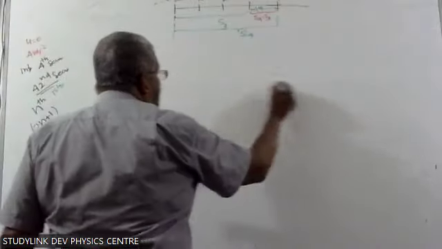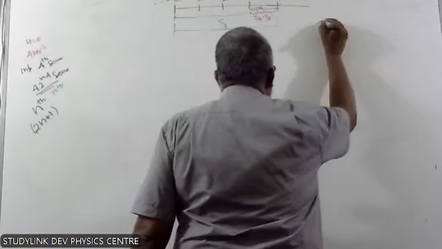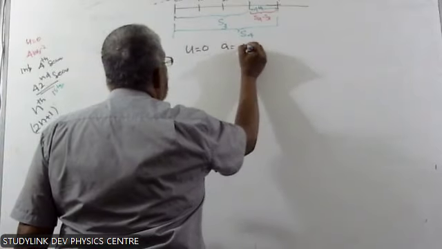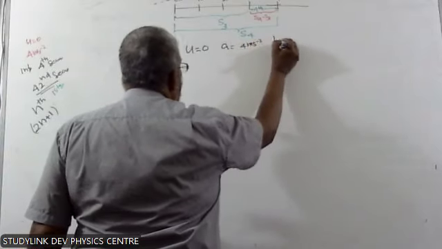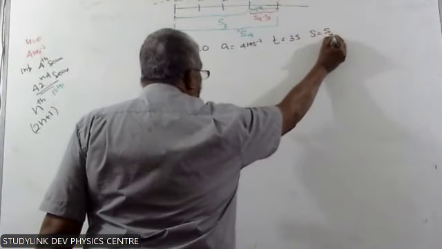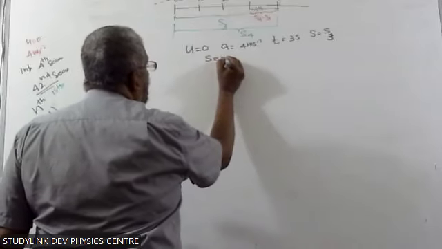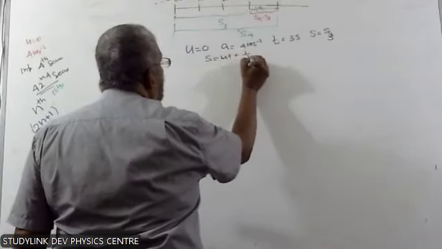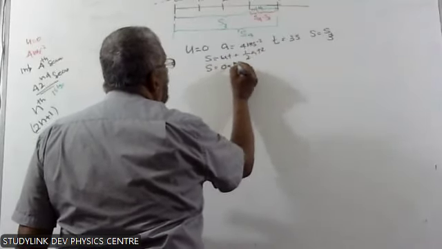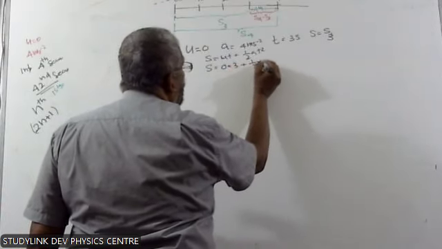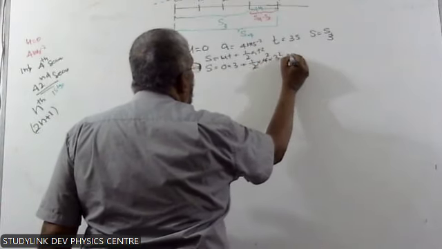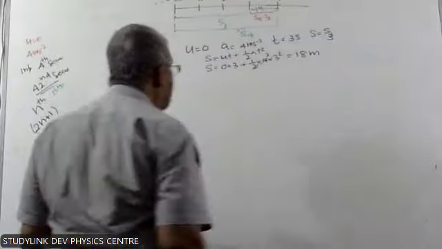U is equal to 0, A is equal to 4 m/s², T is equal to 3 seconds, and S is equal to S3. S is equal to UT plus half AT squared. S is equal to 0 into 3 plus half into 4 into 3 squared. Then this is 18 meters.